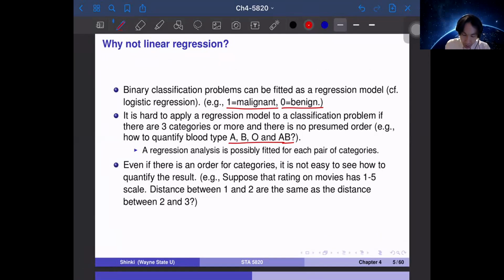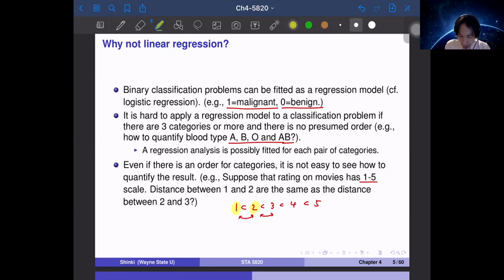Even if we have an order in categories, for example, a movie rating from 1 to 5, then 1, 2, 3, 4, 5. Of course, 2 is better than 1, and 3 is better than 2. So we have an order, but we are not sure whether this distance is equal to this distance. Maybe a rating of 1 is much worse than 2, but 2 and 3 are very similar. That's possible.